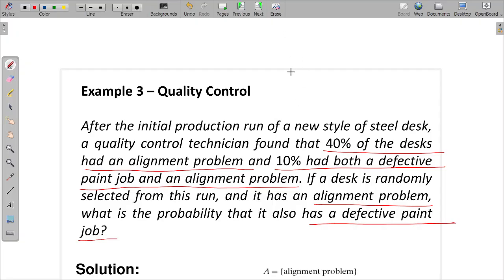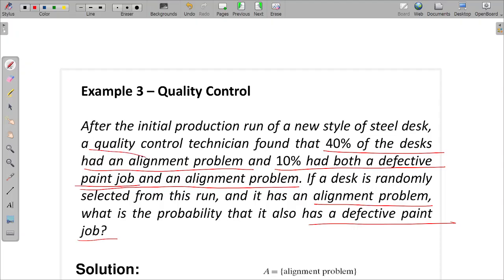The first thing whenever you are given a problem like this is to identify the two things they are talking about. Number one, the alignment problem, and number two, the defective paint job problem.